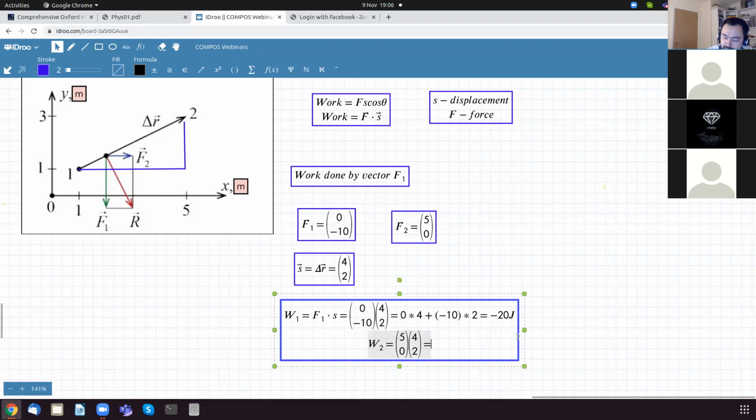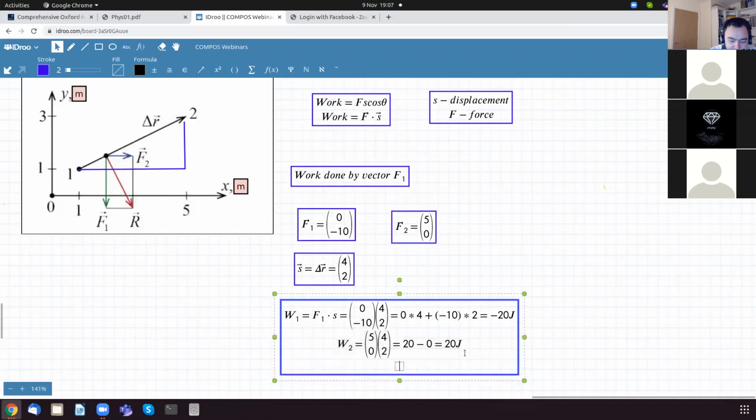So 5 times 4 is 20 plus 0, so that's 20 joules. You can see the force F2, in fact, is trying to increase the kinetic energy of the object. But then, interestingly, W1 is minus 20, so the total work is 0 joules.